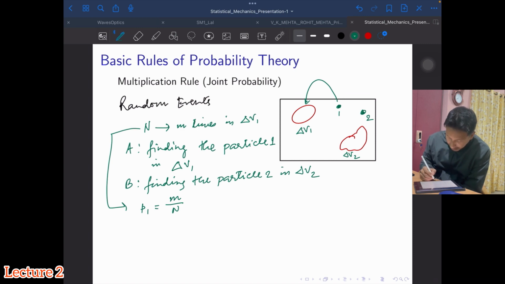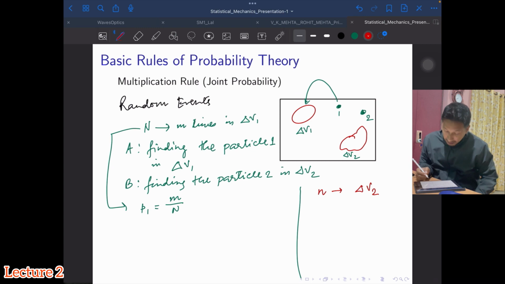Similarly, I do N trials for event B. In that case, n number of ways I find this particle 2 in, let's say, delta V2. Now see, particle 2 is not concerned about whether particle 1 is in delta V or not.